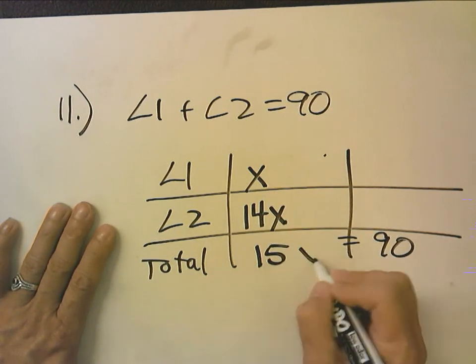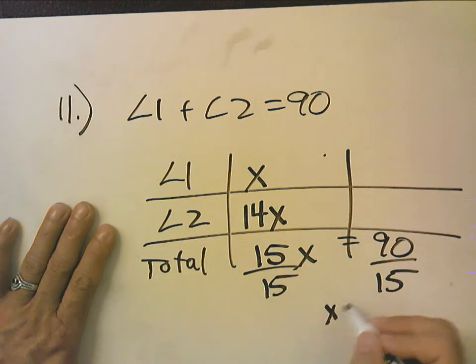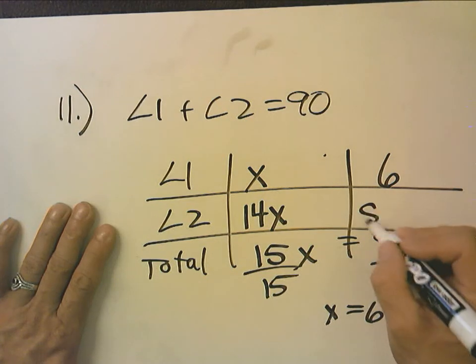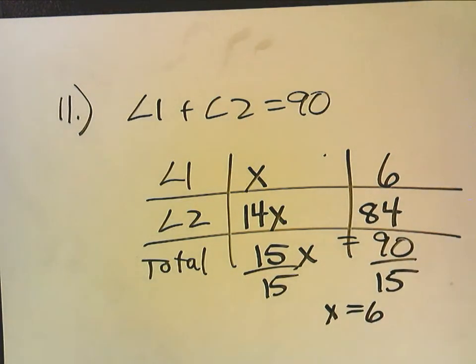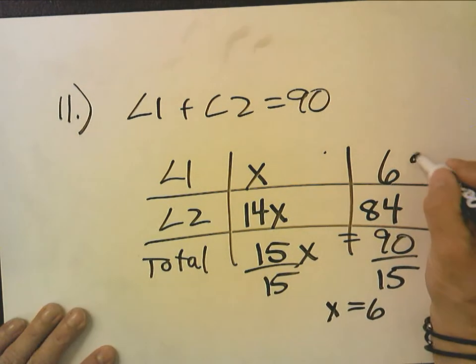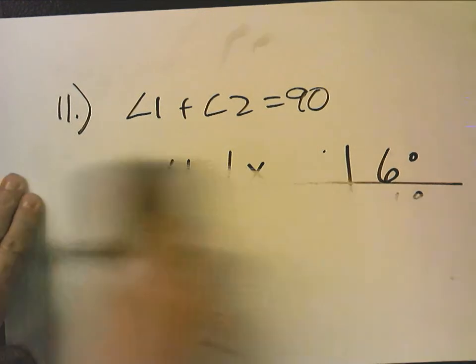So together it's 15x, divide by 15, divide by 15. X equals 6. If this is 6, this is 84. Because 6 times 14 is 84, and they add up to 90. And they're both degrees. Okay, so now you can start your homework.